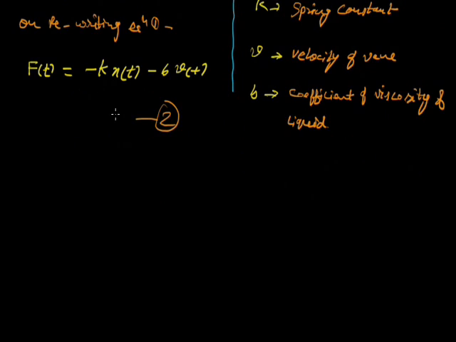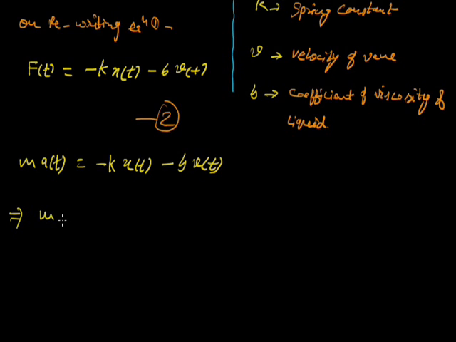We can express the same equation number 2 in terms of the displacement for all the parameters. For this we can write the force as m multiplied by acceleration as a function of time, equals minus kx(t) minus bv(t).